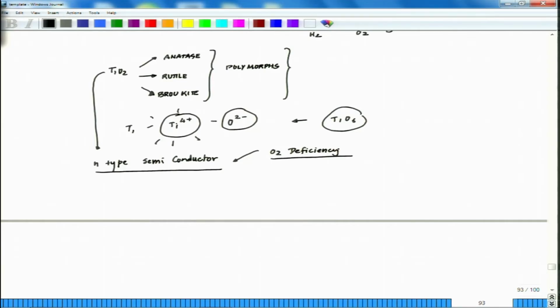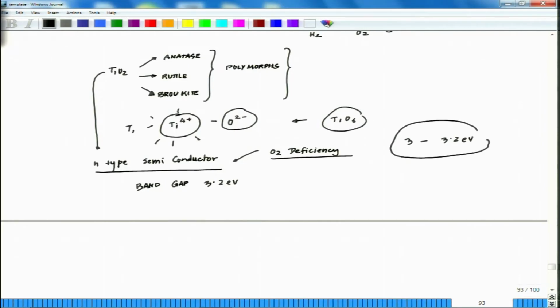So, the oxygen deficiency gives it N-type features, and it has a band gap, as I told you, of 3.2 electron volt for anatase, and for rutile it is 3, and 3.2 for brookite. So, you can say it is between 3 to 3.2 electron volt.